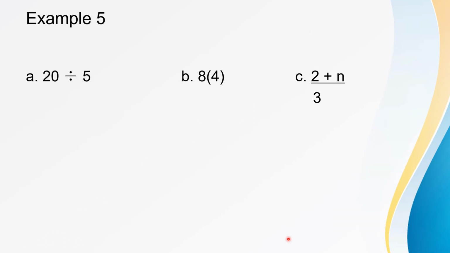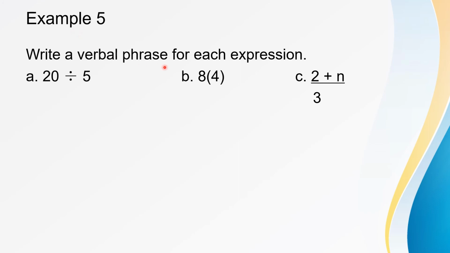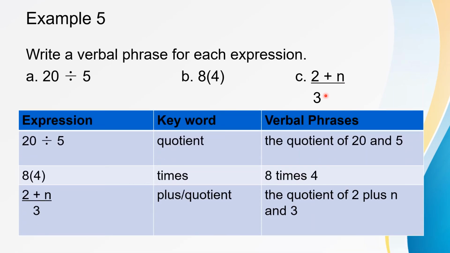All right, so example: write a verbal phrase for each expression. Okay, so we have 20 divided by 5, 8 times 4, 2n over the quantity of 2 plus n over 3. Okay, so here, for 20 divided by 5, the keyword is quotient, no?